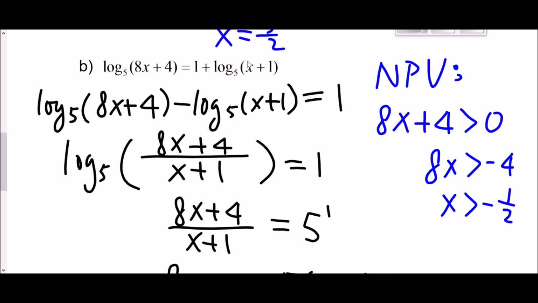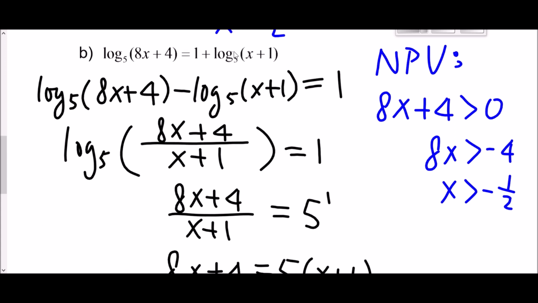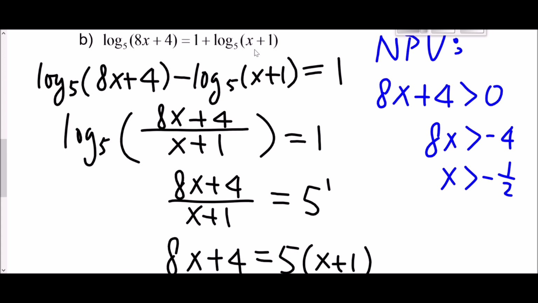Second restriction is here. So x plus 1 has to be greater than 0. So different color. x plus 1 has to be greater than 0. If you do the math, that means x has to be greater than negative 1.